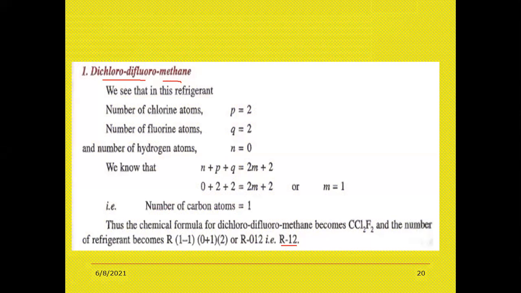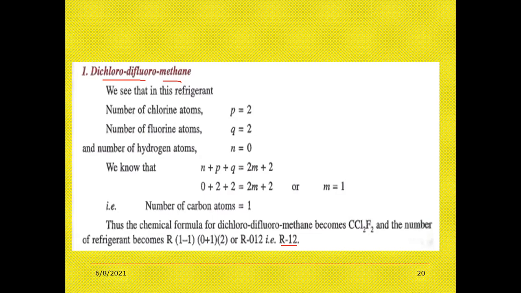So substitute the above values here. We get 0 plus 2 plus 2, total 4, equals 2m plus 2. Therefore 2 equals 2m, so m equals 1. Therefore the number of carbon atoms is 1.